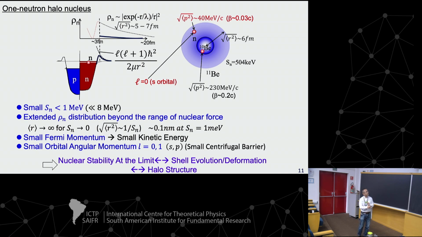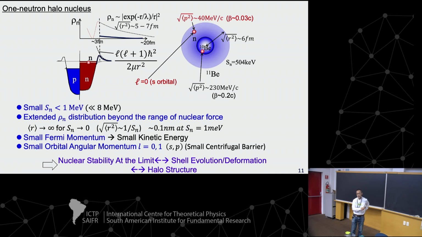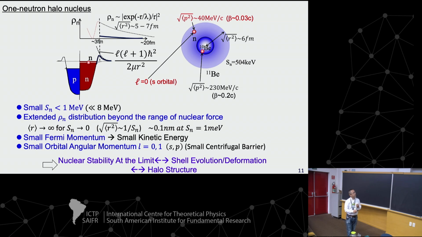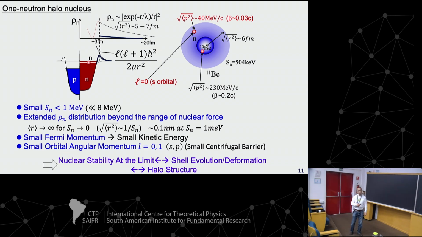The root mean square radius is inversely proportional to the separation energy, in the case of an S-wave neutron halo. And if you, for instance, calculate the radius of a halo for a separation energy of 1 milli-electron volt, if it exists, we find that the radius is almost at the nanometer level. So it's very exotic in a sense, but we don't know if this exists or not.